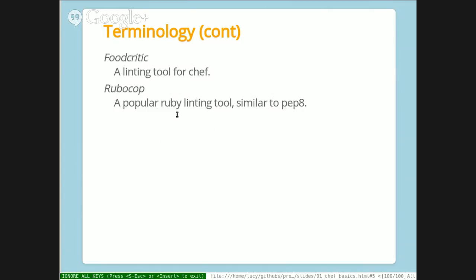You have to have your file configured a certain way, and anything over 80 characters on a single line is not part of the coding standard. Stuff like that. Foodcritic and Rubocop are ways of making sure your code adheres to those standards.